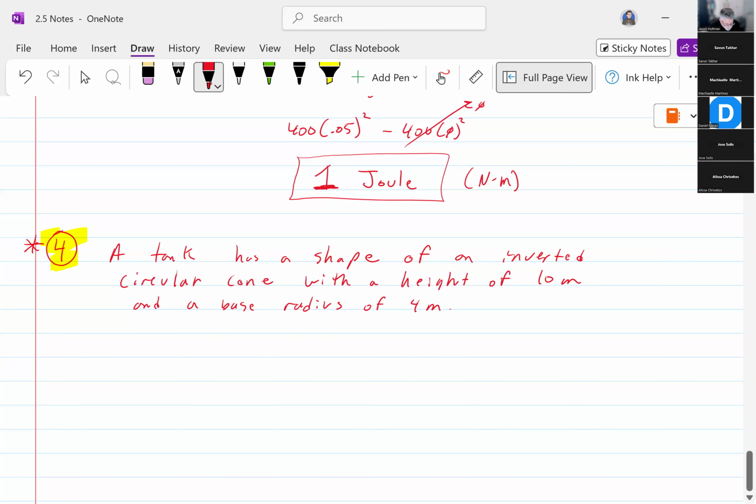It is filled with water, I should say, to a height of 8 meters.